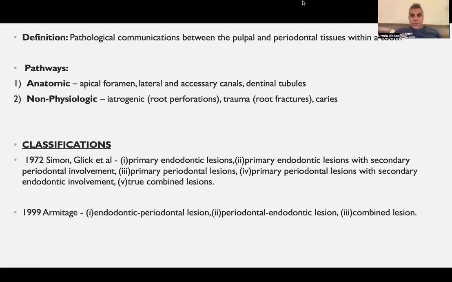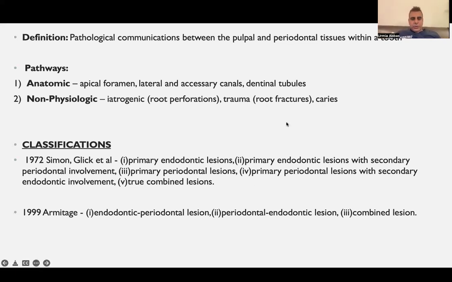So going a bit historic about classification. It was first classified in 1972 by Simon, Glick et al.